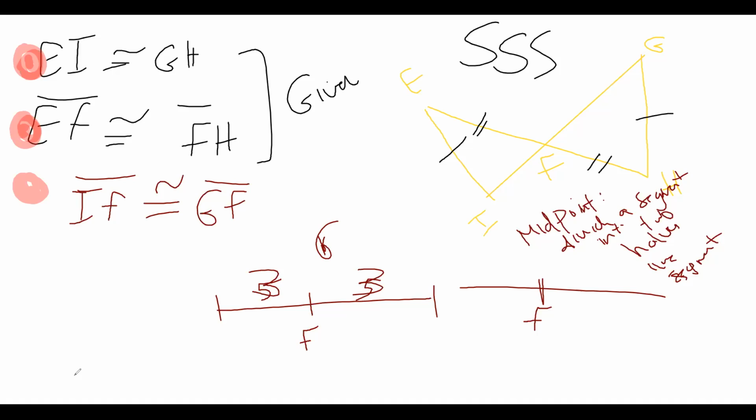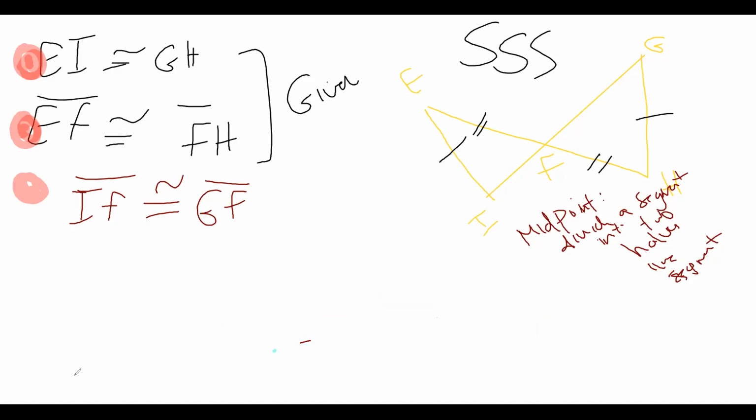So what does it mean? Here also in my triangle, this point F cuts these sides into 2 halves. That means this side is equal to this side.